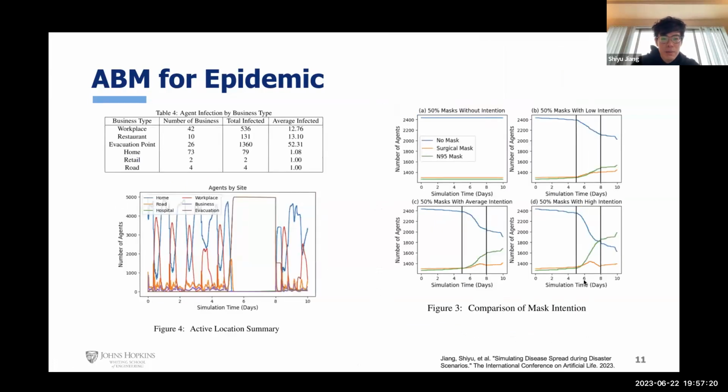So here we can see from figure 4 and table 4, regarding the change of places of those agents, this period is of course the evacuation period, and every agent will go to the evacuation center in this case. But to be noticed, in the real world it is impossible that every agent will go to the evacuation center.